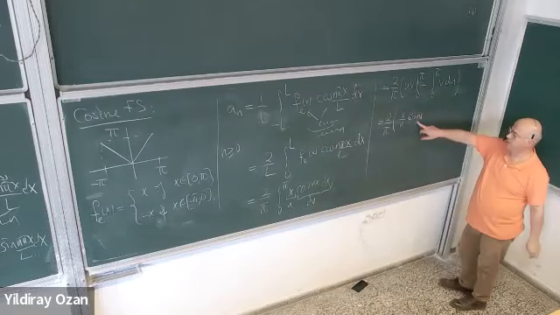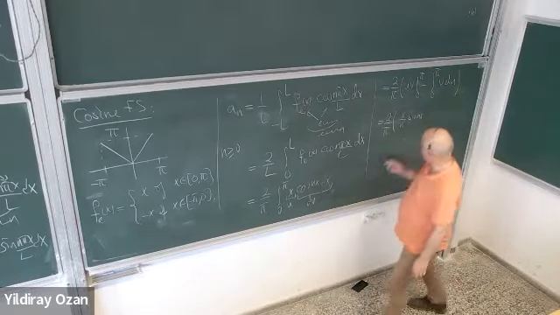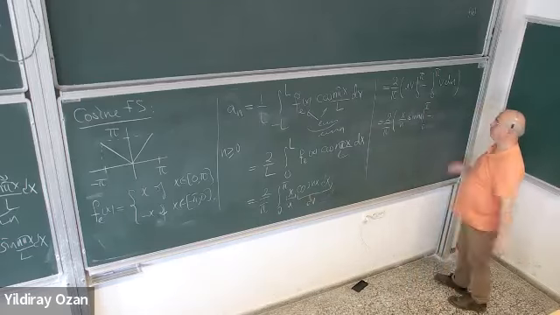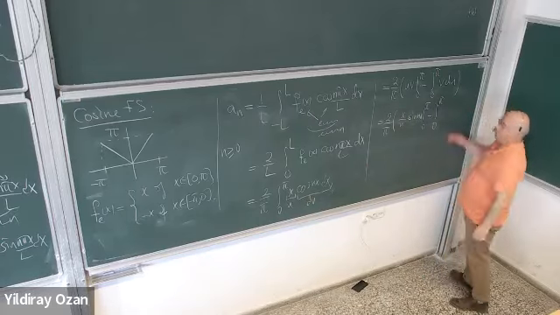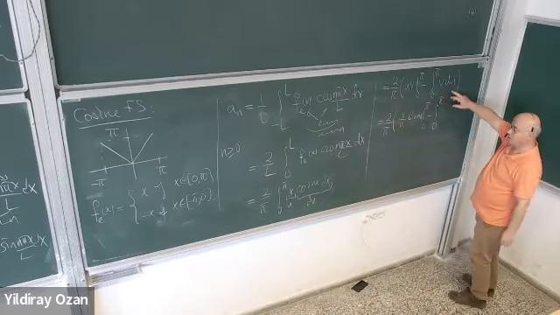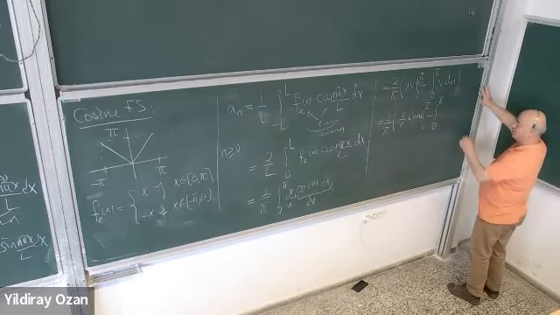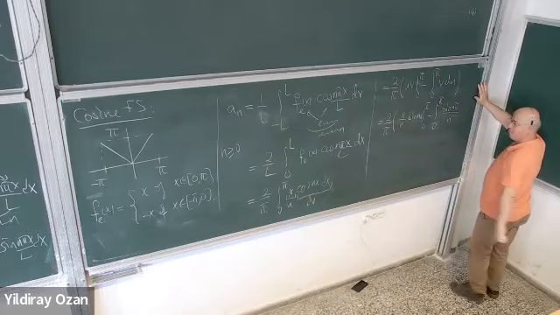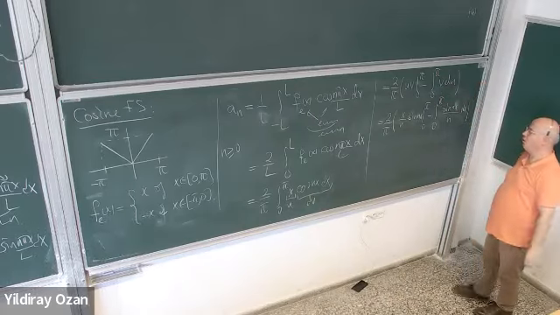Then du is just dx, and the integral of that is sine nx divided by n. I have dx here.